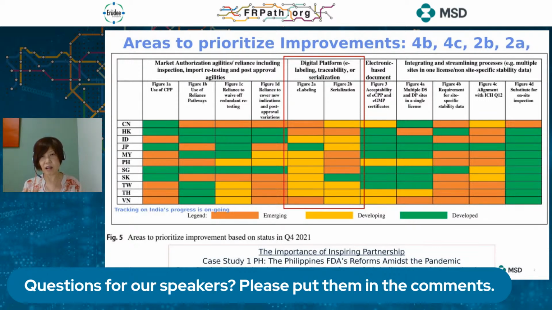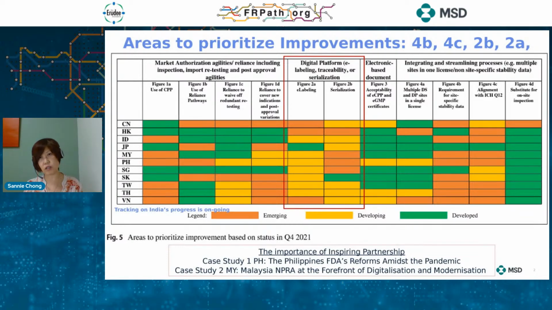And so this is not in line with best practices, and we think that to use reliance efficiently, not only just the pathway but also the practice has to align. So one of the very important practices is really changing the practice from one site, one license, to multiple sites in a single license. Otherwise, you only have a quicker approval timeline, but you still are very much slowed down by the practice of one site, one license in many parts of the world.